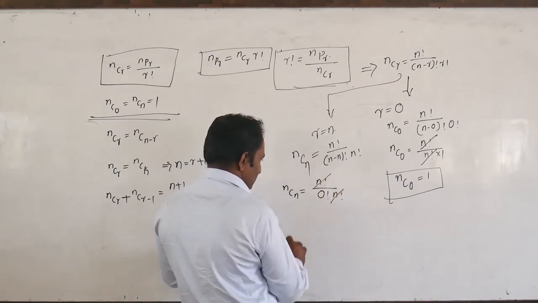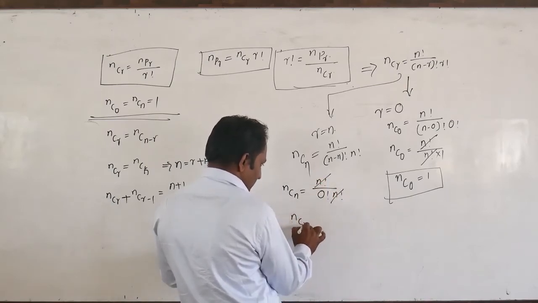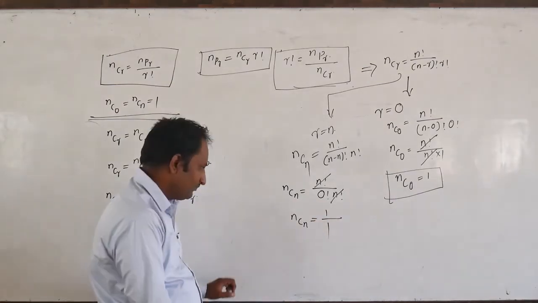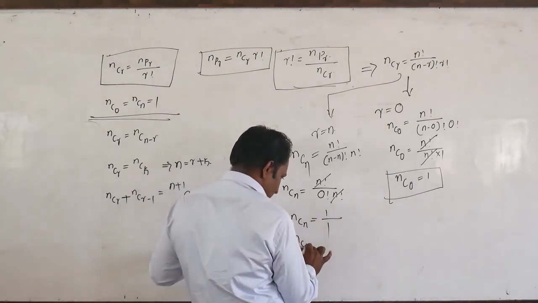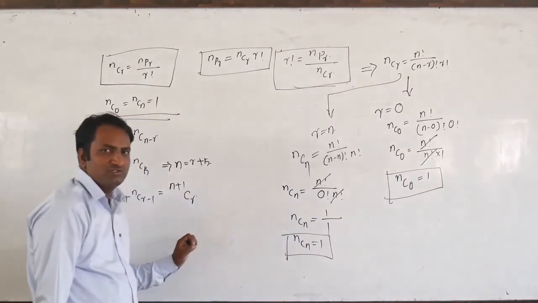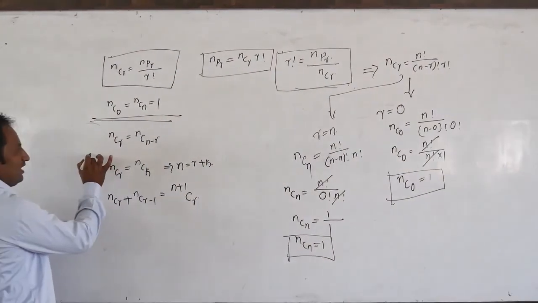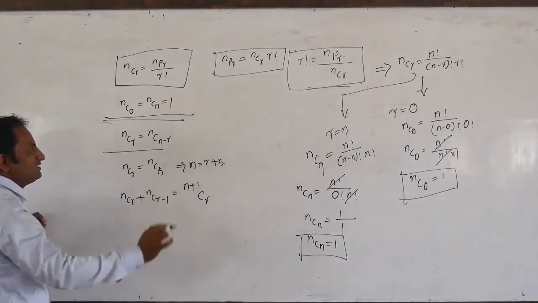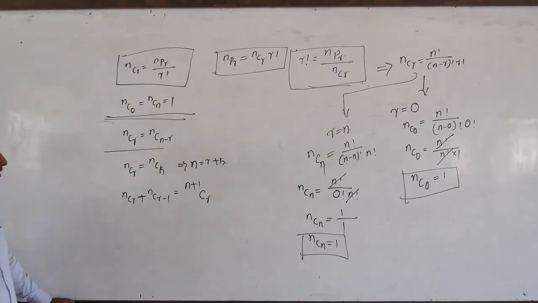Here this gets cancelled. nCn is equal to 1 divided by 0 factorial, and the value is 1. nCn is equal to 1. That's why nC0 is equal to nCn is equal to 1.